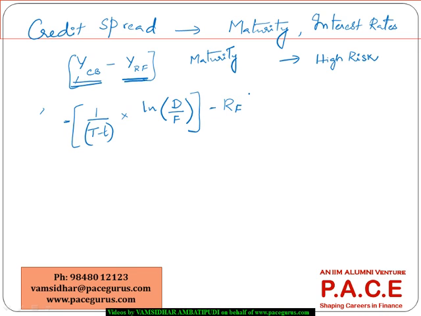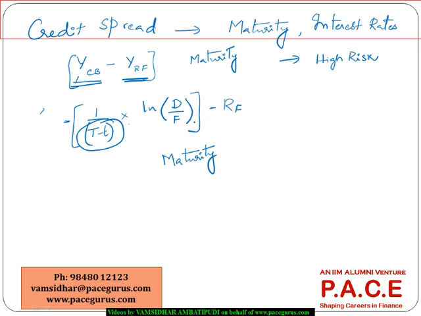So all we are saying with this relationship is, as the time to maturity increases, you try computing it, this number is increasing. So overall this number will come down. This number coming down, and because it's a negative of it, this number will go up.